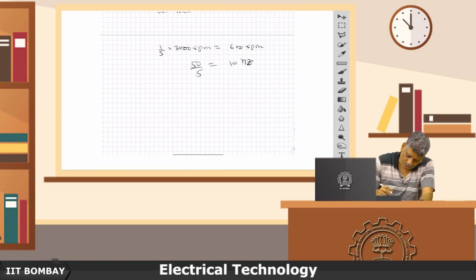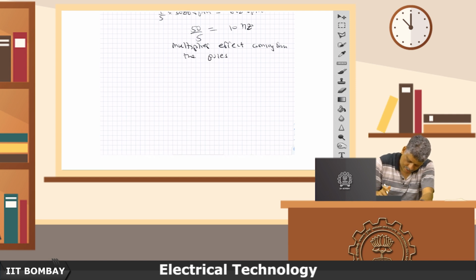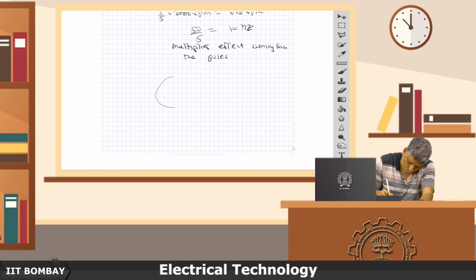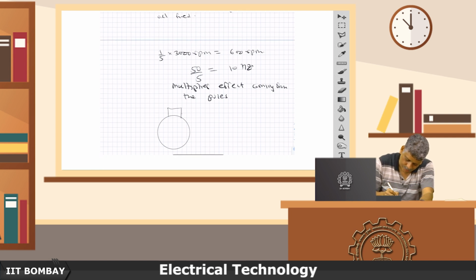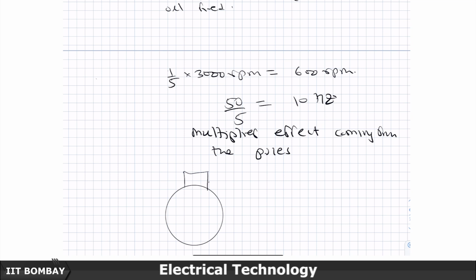So, then you need to have a multiplier effect coming from the poles. So, let me for example show you a 4 pole construction. I need how many poles here? I need here 10 poles.